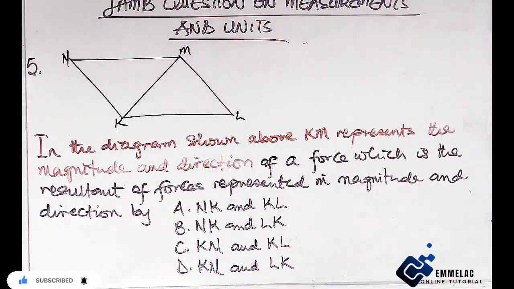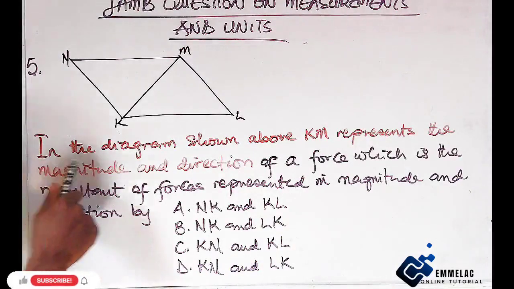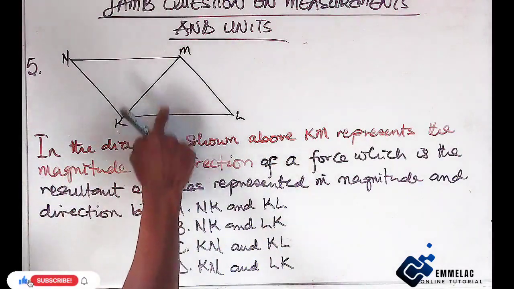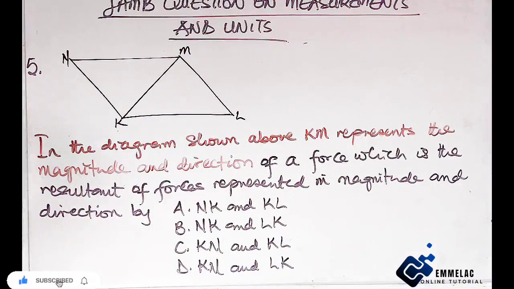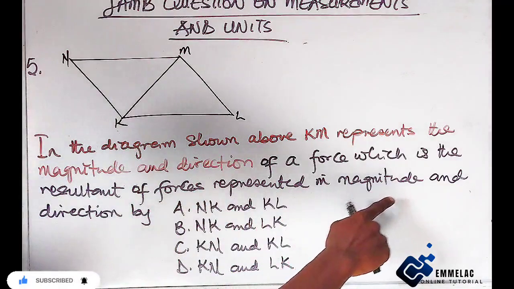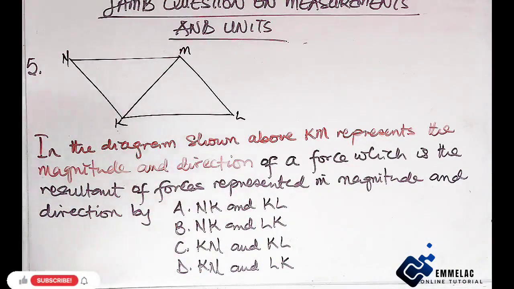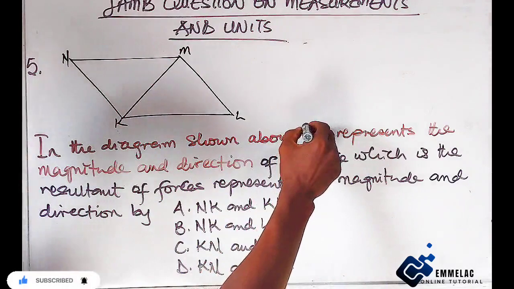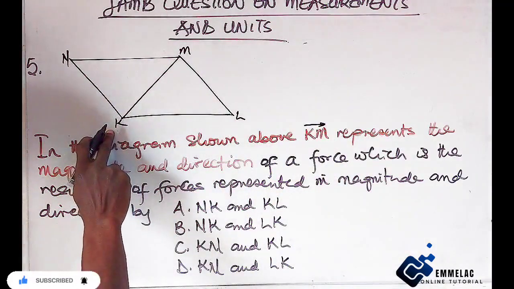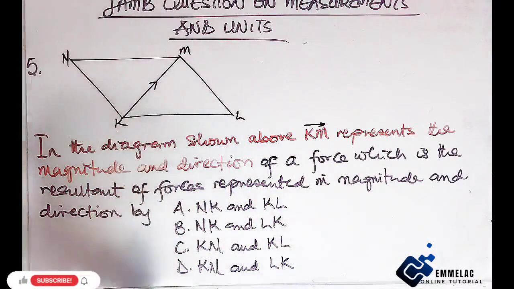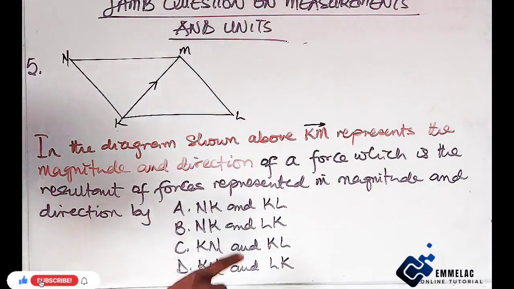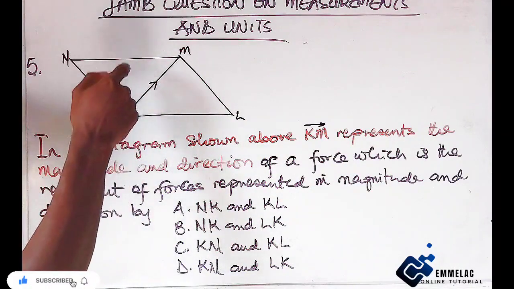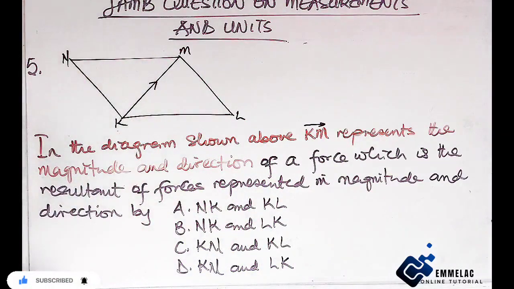Now for number 5, we are given this diagram. Now in the diagram shown above, KM represents the magnitude and direction of a force which is resultant of forces represented in the magnitude and direction by. Alright, now we know this is a parallelogram, and since we are told that KM represents, so KM, which means the arrow starts from K and proceeds to M, okay, and we are told now, okay, which represents the magnitude and direction of which of the forces here.